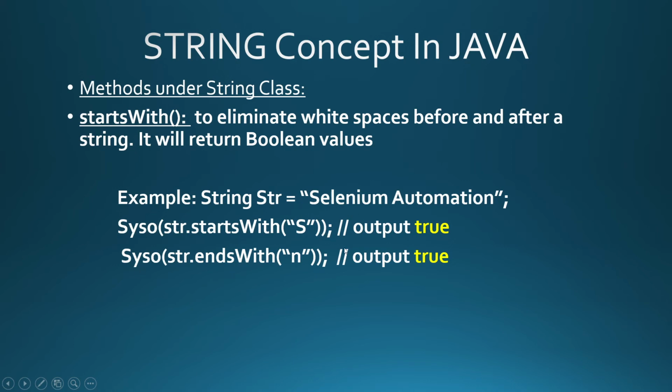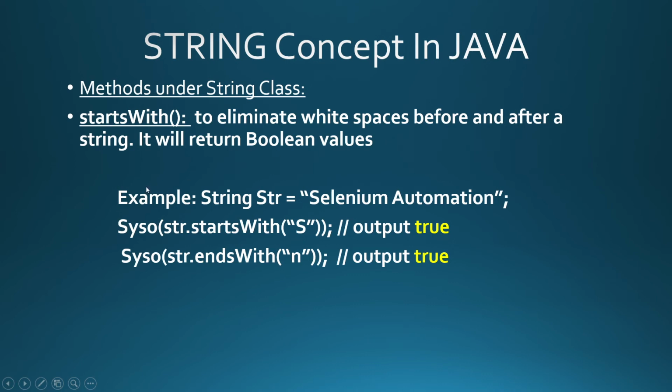In the same way, if I use endsWith, it will also return true, because our string is ending with n. If I mention any letter other than n, you will definitely get false. The startsWith method returns boolean values, either true or false. Sorry for this line, guys, I just copied and pasted, that's why you are getting this extra line here.